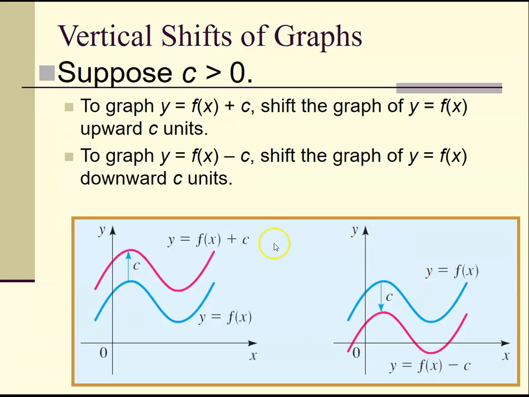For example, the original equation is y equals f(x). If you add plus c, then you're going up by c. That is the meaning of vertical shifting. So if the original equation is y equals f(x) and then y equals f(x) plus c, you just add c. The same applies to minus c, so it will be going down.